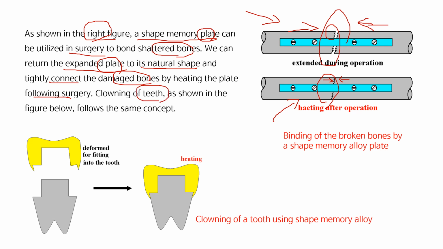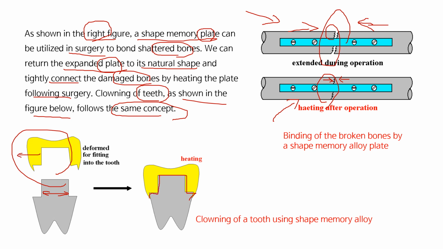Crowning of teeth is, as shown in the figure below, the same concept. So this crown is the same diameter as this tooth, and below the Martensite finish temperature, we can expand this crown to fit into the tooth.